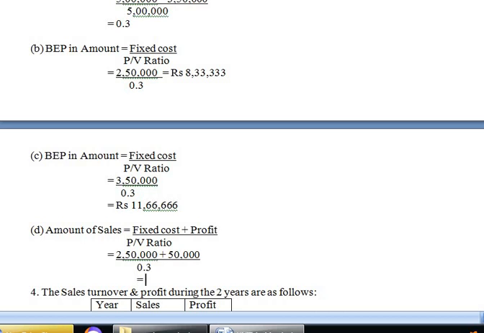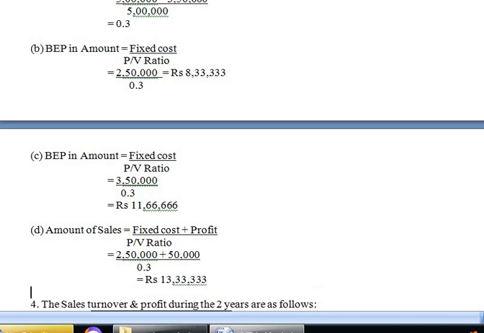That will be equal to 13,33,333 rupees. It means when sales is 13,33,333, profit will be 50,000. Hope this problem is clear to everyone.